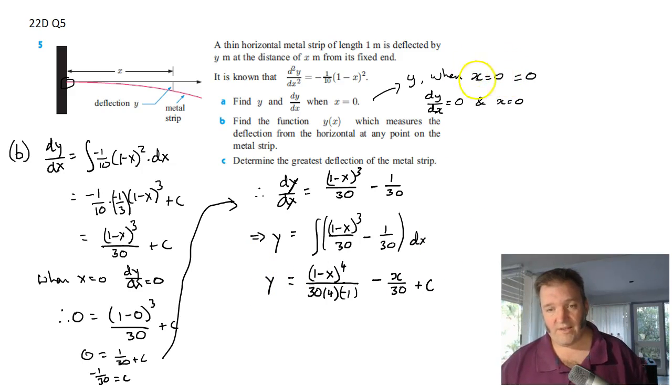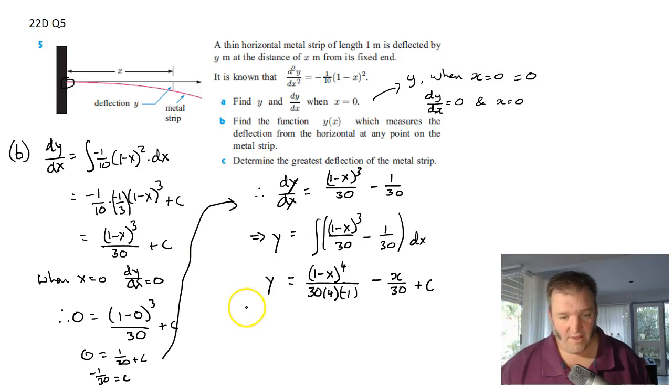Again, we know way back at the start when x equals 0, y is equal to 0. So therefore, 0 is going to be equal to 1 to the power of 4, which is 1, over negative 120, so just negative 1 on 120. When x is 0, this fraction is going to be 0, plus c. So 1 over 120 equals c.